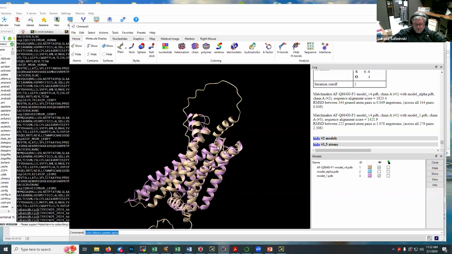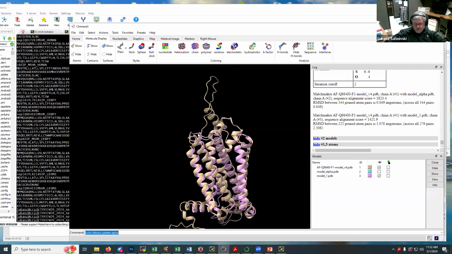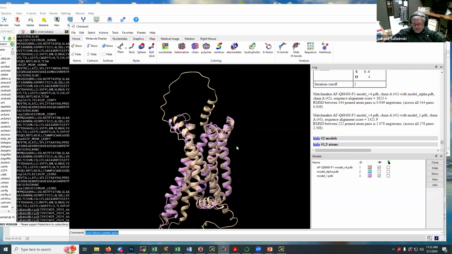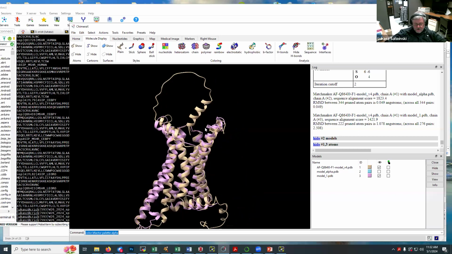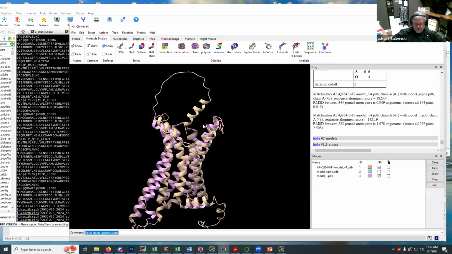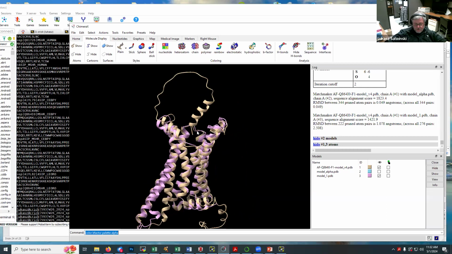To do this, we just have to figure out how to specify the region to be removed. If I hover over one of the atoms, I should be able to see what it is.